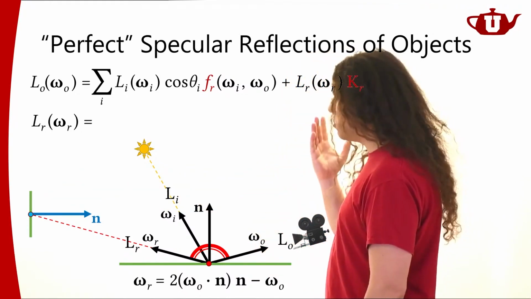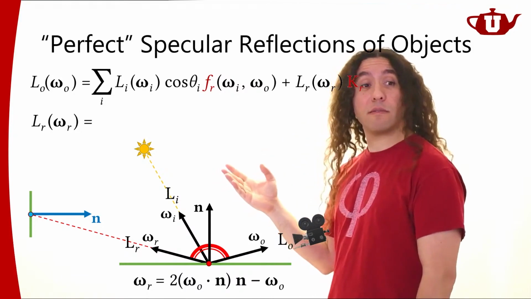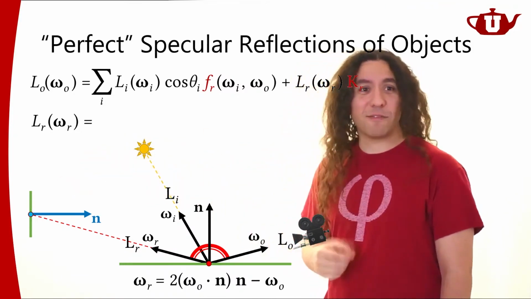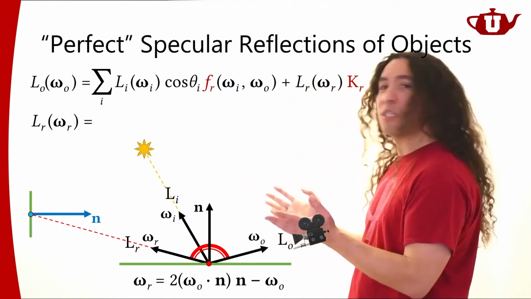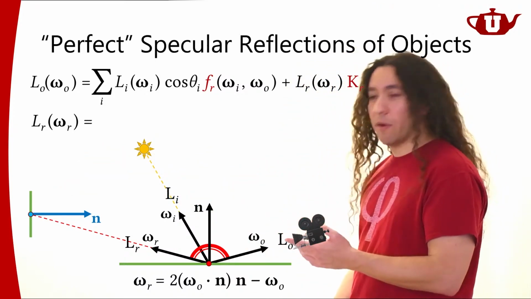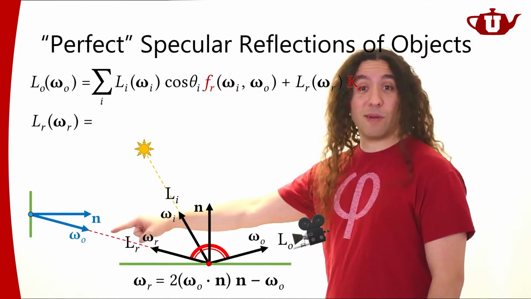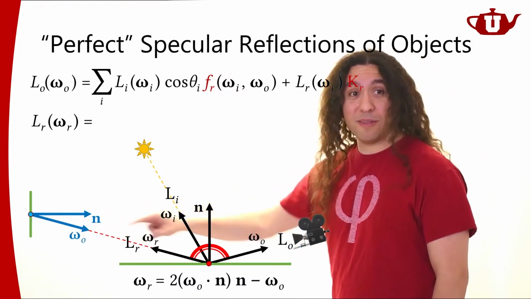So how do I do this? I do shading at this point, right? So I'm going to do exactly the same shading that I was doing before. In this case, my view direction is going to be this, right? This is my view direction now.